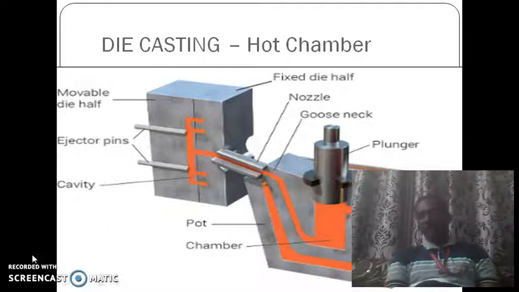Once the hot molten metal enters the die cavity and solidifies, these ejector pins are released so that the die halves can be separated and the casting can be taken out.